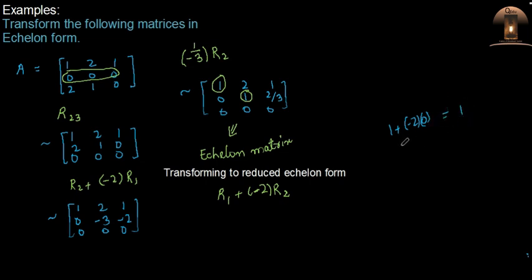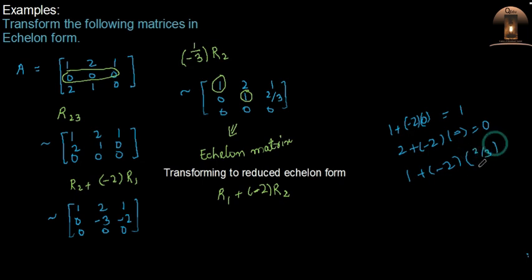And then for the second element, we have 2 plus minus 2 into 0, and this will make it 0. Similarly for the third element, we have 1 plus minus 2 times r2, and in r2 the element is 2 upon 3.